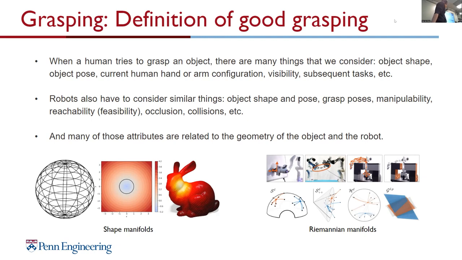Reachability is not a manifold, but collisions have something to do with the shape manifold. So this is a visualization of the shape manifold and the Riemannian manifold.